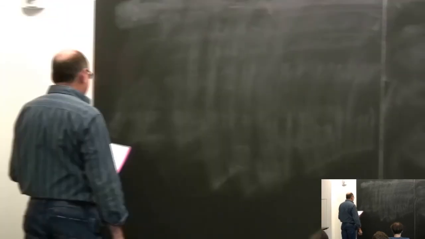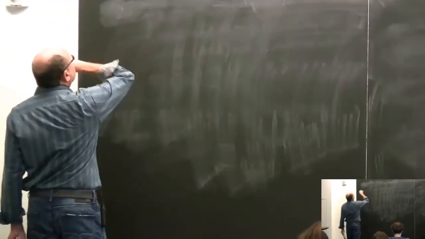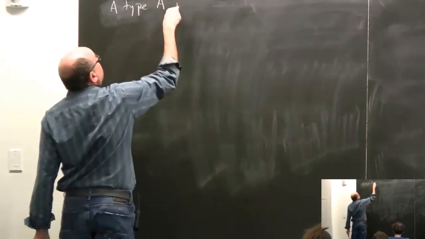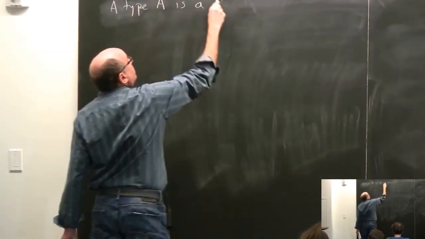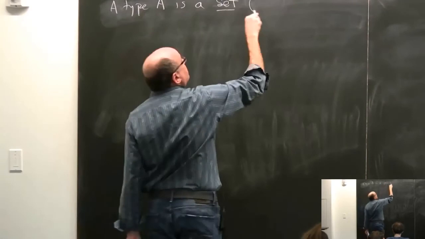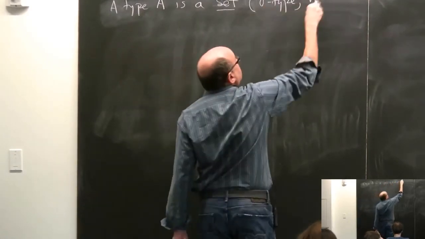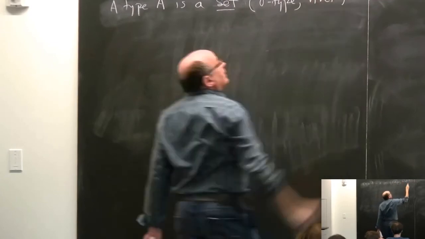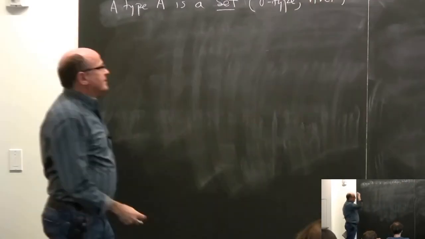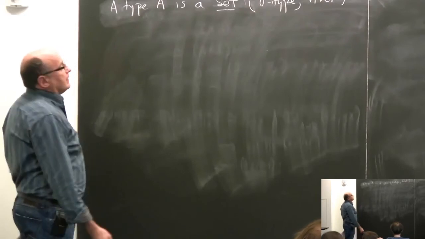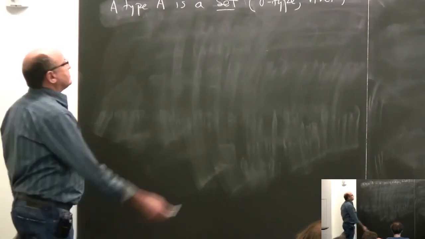what we set up, and I want to go through it with you, is, okay, we defined the following idea. We said that a type A is a set, which is also called a zero type for reasons that will come up later, or an H set. Sometimes H set is a little better to emphasize that it's homotopically discrete.